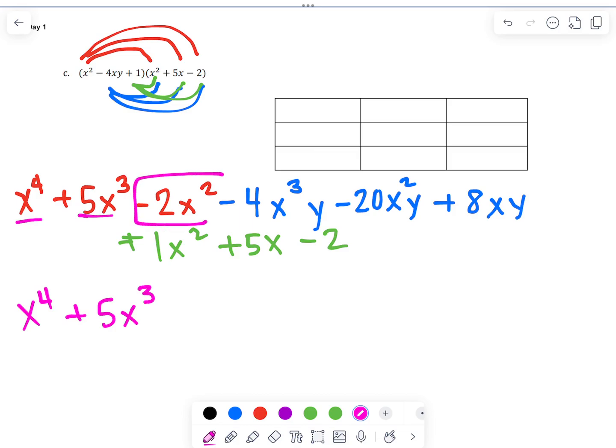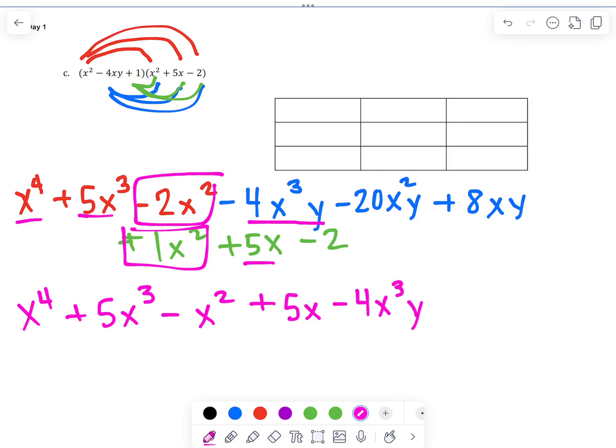We have a like term here with that one, becomes negative x squared. We have 5x. And then minus 4x cubed y, minus 20x squared y, 8xy, and then our constant.